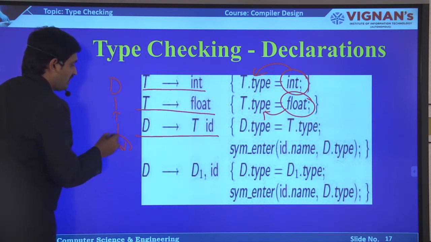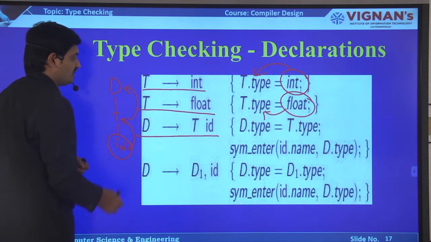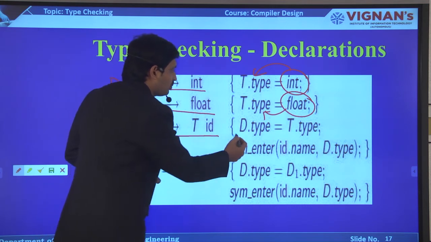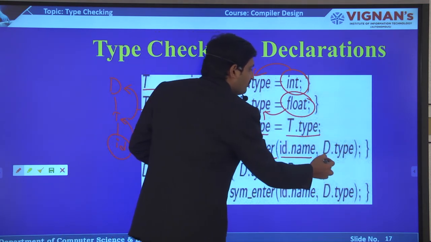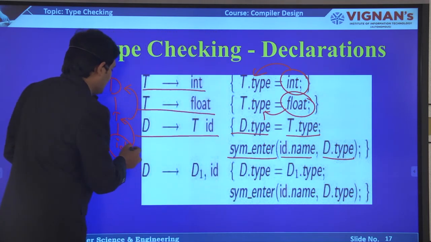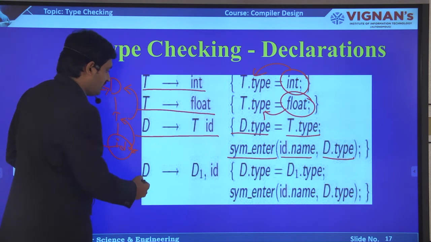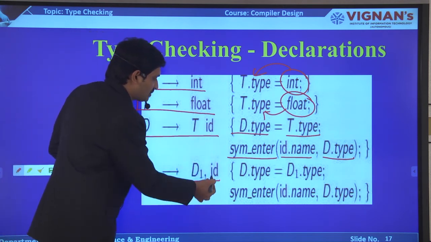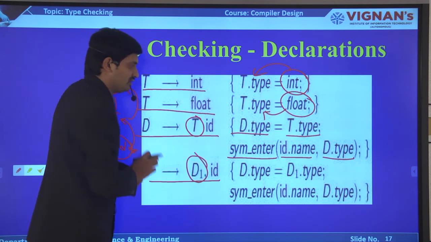So the type assigned to T is to be assigned to D. So I write D type equal to T type, and the system enters ID name with D type. What is entered here is the type of D. Next, D equal to D1 ID. It is the same as the previous statement, but here it is D1 instead of T.